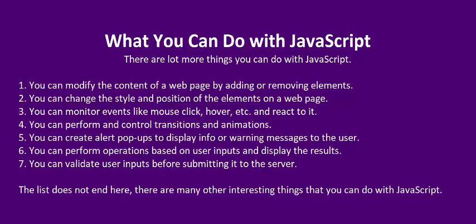Thirdly, you can monitor events on the web page, events like mouse click, hover, etc., and react to them using JavaScript. Four, you can perform and control transitions and animations on the web page. Five, you can create alert pop-ups and display info or warning messages to the user using JavaScript.